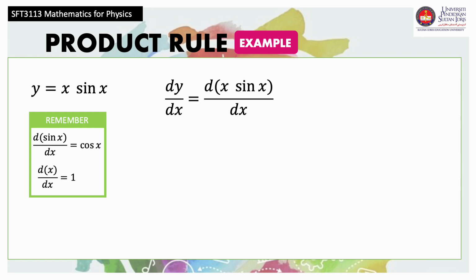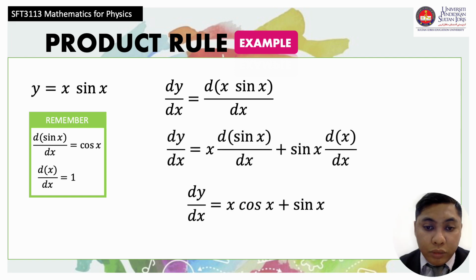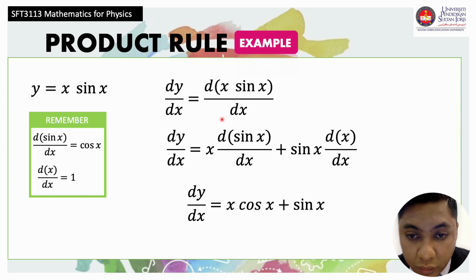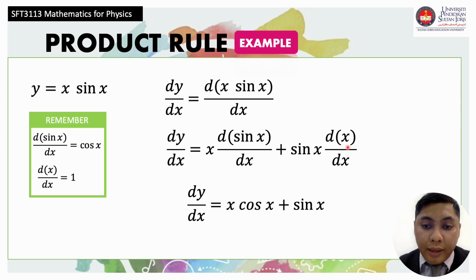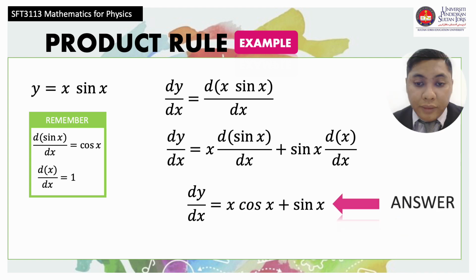The answer will be x cos x plus sine x, because differentiating x gives 1. So this is the final answer, and this is the product rule.